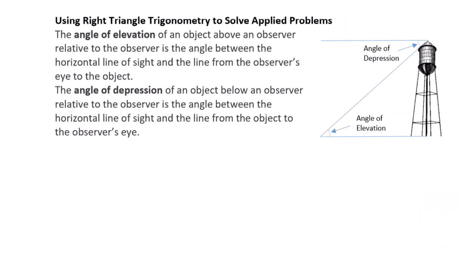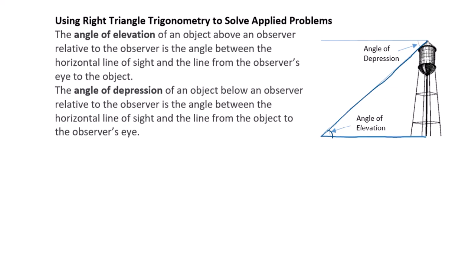Using right triangle trigonometry to solve applied problems. An angle of elevation of an object above an observer relative to the observer is the angle between the horizontal line of sight and the line from the observer's eye to the object. So this would be that angle of elevation.